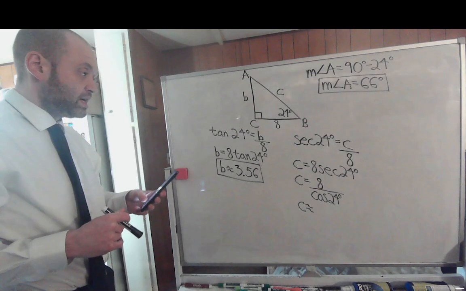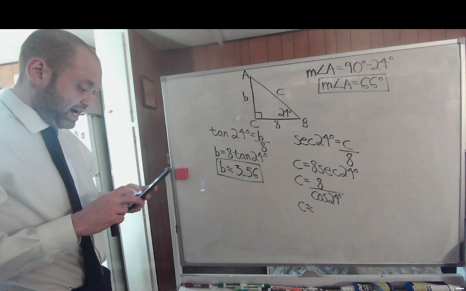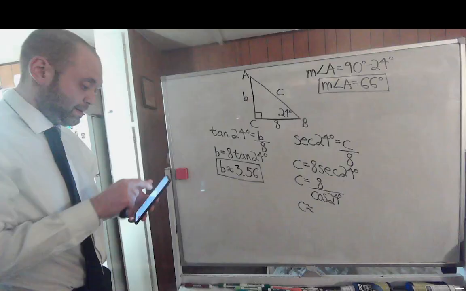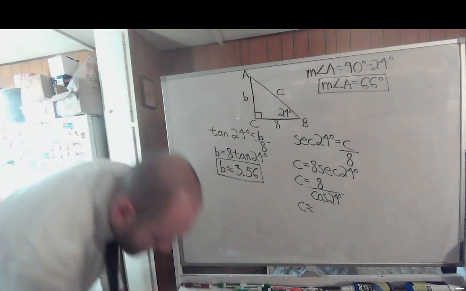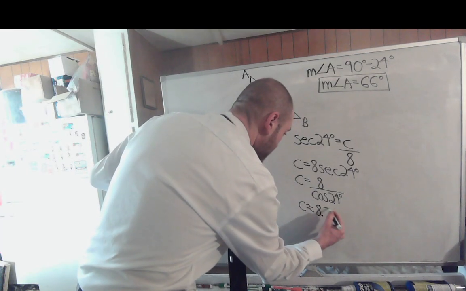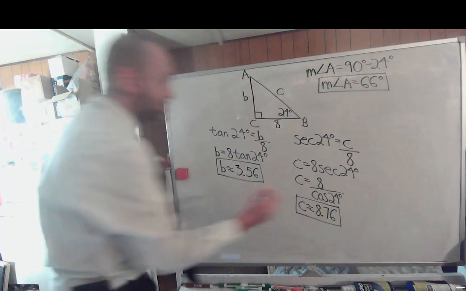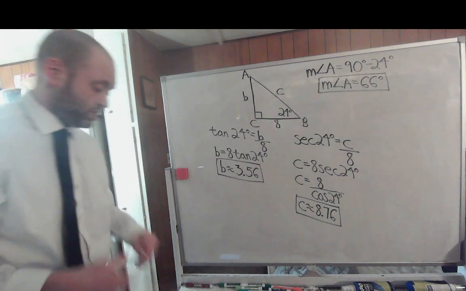So let's find that cosine of 24 degrees. Let's take 8 and divide it by that answer. You get about 8.76. So the hypotenuse C has a length of about 8.76 when you do the calculation.